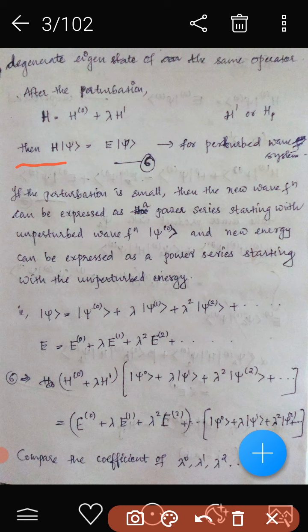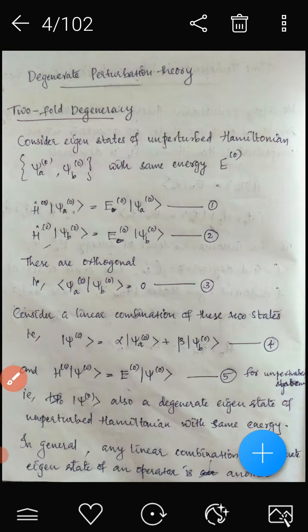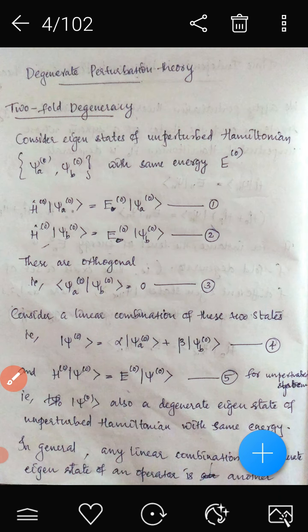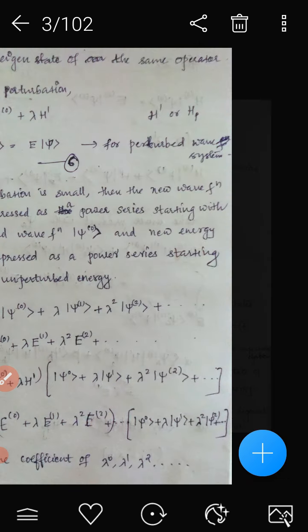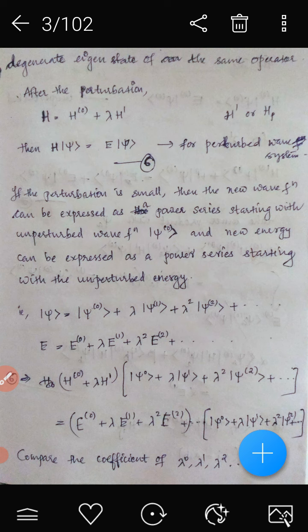Then the Hamiltonian acting on the state psi gives H psi equal to E psi. This is for the perturbed system, and equation 5 is the eigenvalue equation for the unperturbed system.